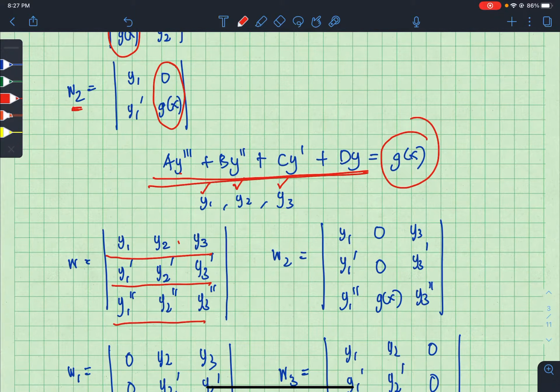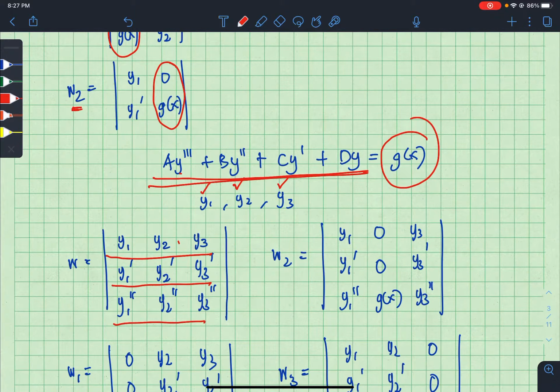So our y1 is e raised to x over 2, and then y2 is e raised to negative x over 2. So W then will be e raised to x over 2 and e raised to negative x over 2. The derivative will just be 1/2 e raised to x over 2, and negative 1/2 e raised to negative x over 2.